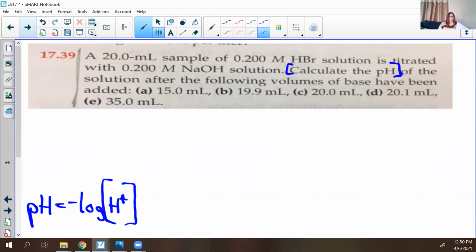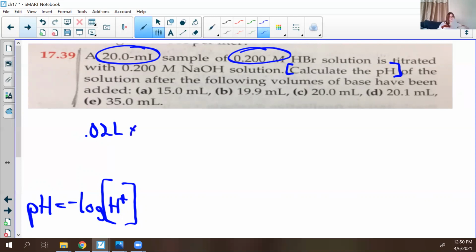Okay, so first thing first, who's our best friend? Moles. So I need to know how many moles of HBr I have. I have 20 milliliters, which is really 0.02 liters. And I know I just said you don't need to do this, but we're ultimately finding the moles divided by the volume for concentration, right? This is not just a standard titration problem.